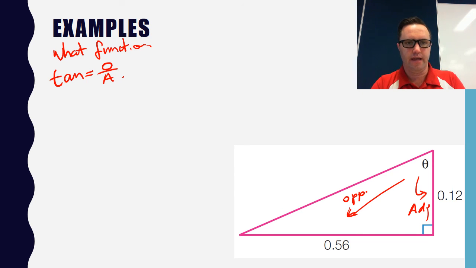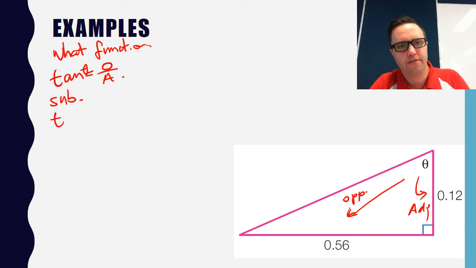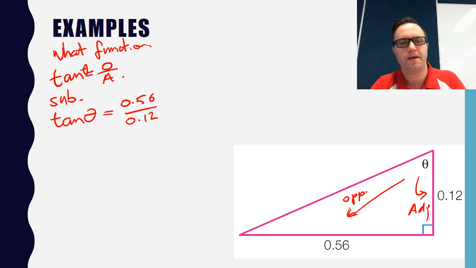Okay, and tan theta, and so we now substitute in, and we have the tan of theta is equal to 0.56 over 0.12. Okay, so now remember, to get to the angle inside the tan function, we're going to need to take the inverse tan.